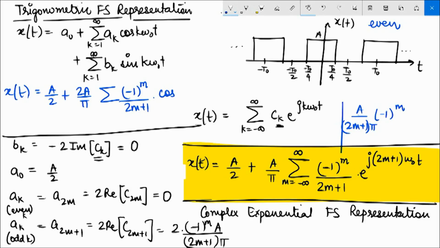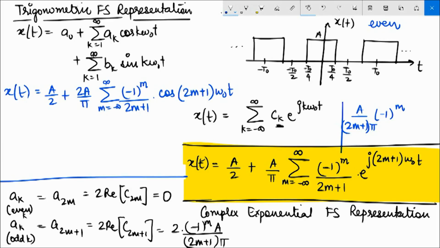Sine terms were anyway not going to feature because all bk's came out to be 0. Even among the cos terms, all the even cos terms are 0. Only odd cos terms occur. So odd cos terms means of the form cos (2m plus 1) omega naught t. This is what features. Now m varies from minus infinity to plus infinity. A by 2 plus 2a by pi.